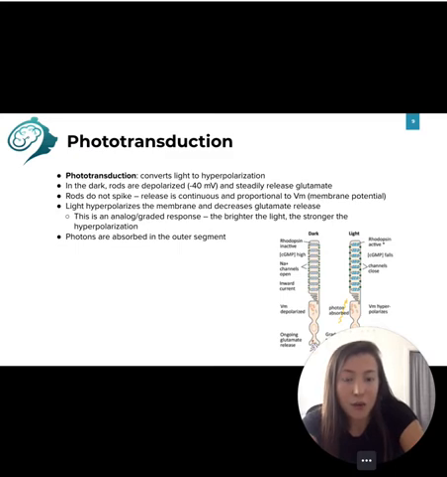And so, of course, the release is continuous and it's proportional to the membrane potential. Light hyperpolarizes the membrane and decreases glutamate release. And of course, the brighter the light, the stronger the hyperpolarization. And yes, just another note about where these photons are absorbed. They're absorbed in the outer segment, right? So that's kind of this area.